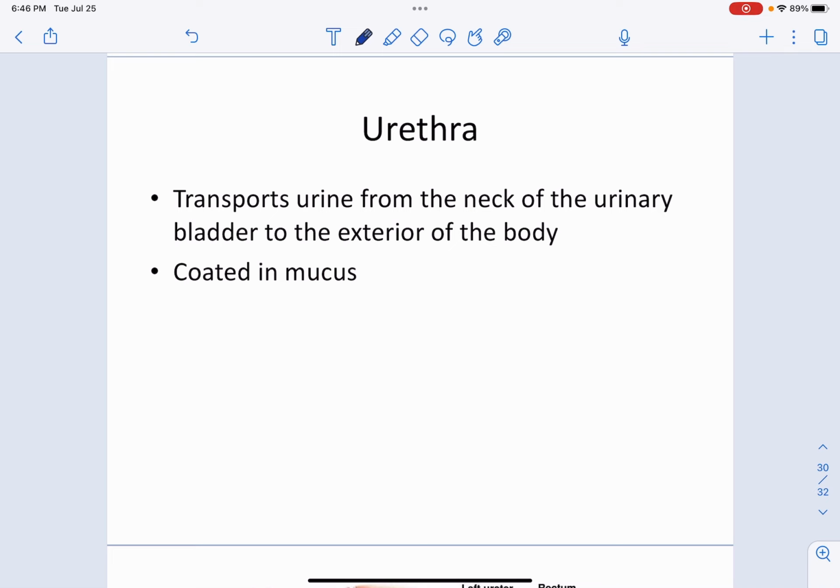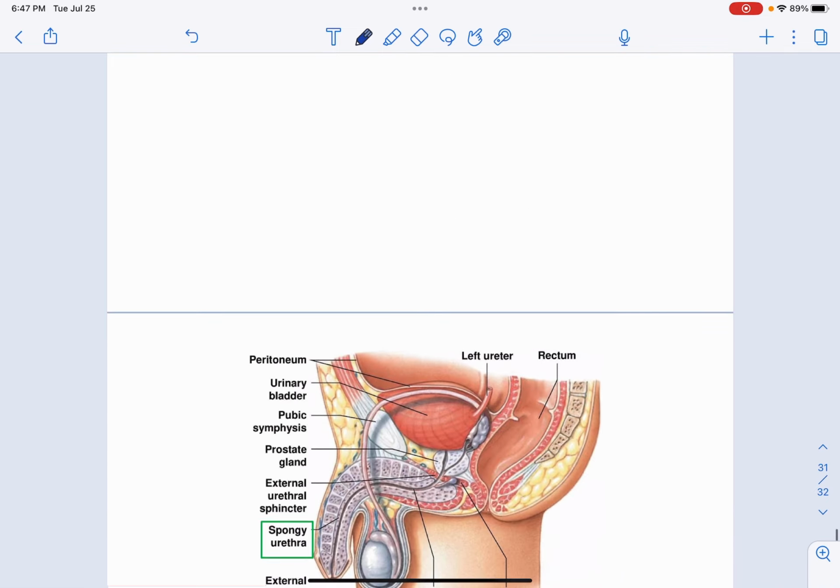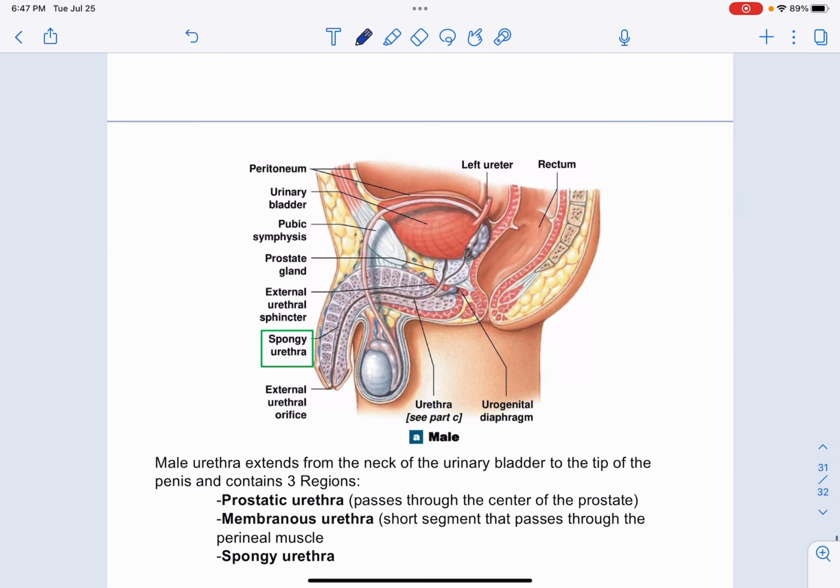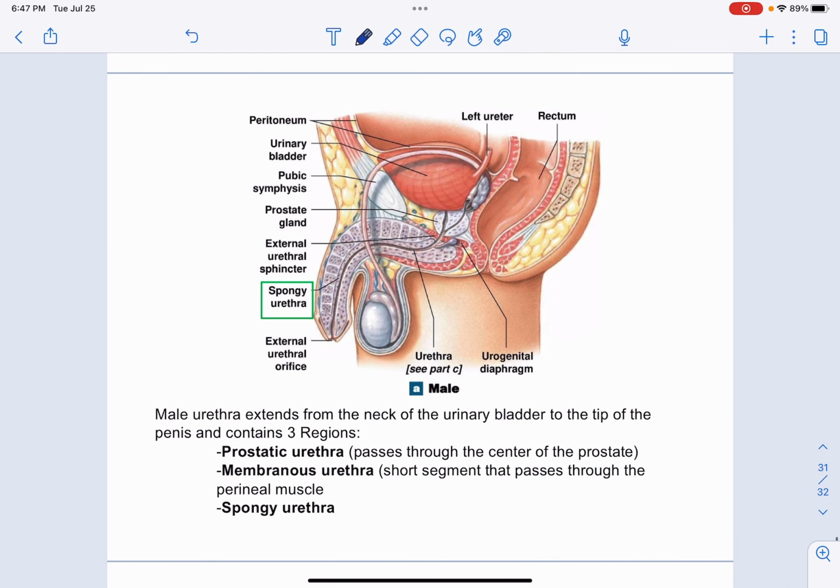There are mucus cells located in the urethra. So let us first look at the male urethra, and then we'll switch to the female, and then we'll end this lecture. So the male urethra extends from the neck of the urinary bladder.